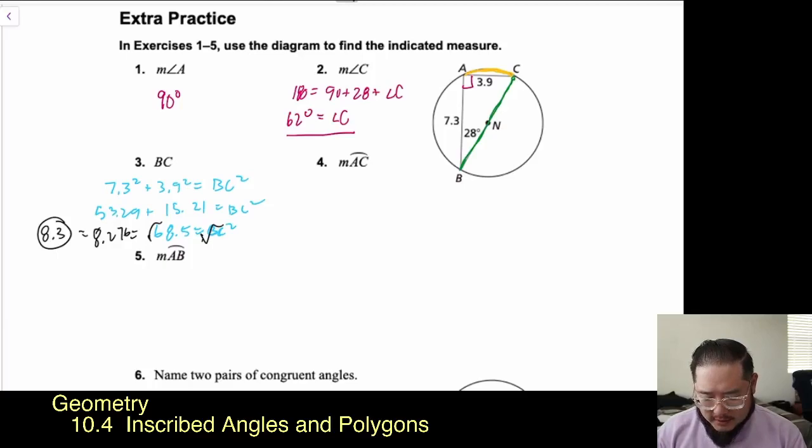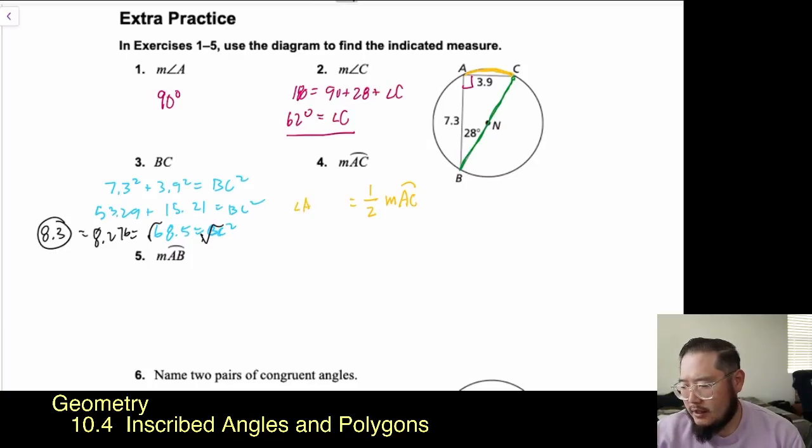It is one half the measure of the arc, that is equal to the inscribed angle, which in this case would be angle ABC.